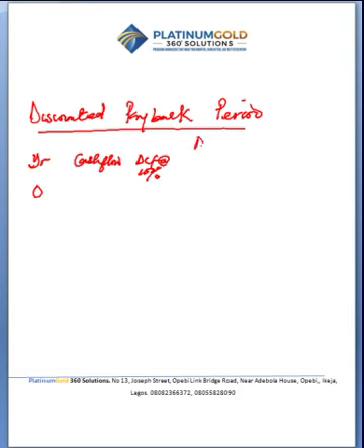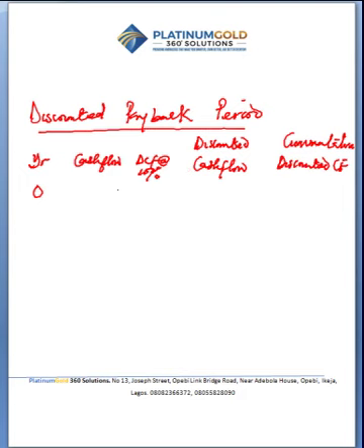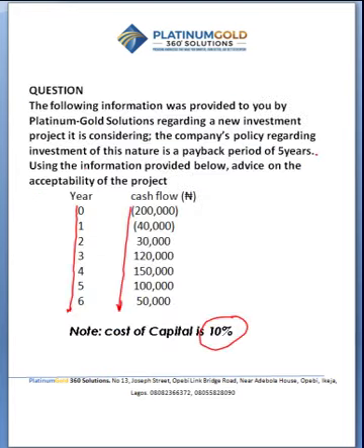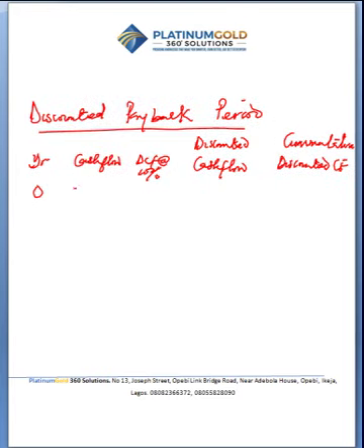Then we have the discounted cash flow or the present value. Then I'll have the cumulative discounted cash flow. So this discounted cash flow serves as our present value, and this one is the cumulative net present value. Okay, so in year 0 we have 200,000.